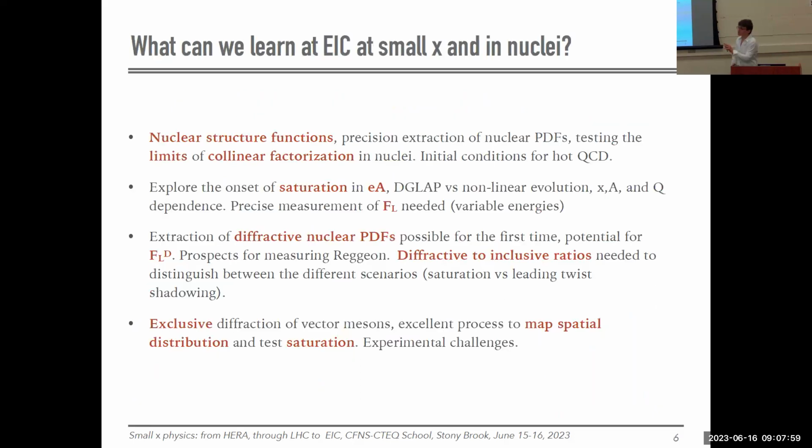Okay, so what we can learn at EIC, I give you here sort of the list, and I will talk about these things. First of all, it can measure nuclear structure functions, and it can test the limits of collinear factorization. And therefore, it can also test the onset of saturation in ep. So test whether DGLAP works or whether DGLAP fails, and whether we would need some nonlinear corrections. It also has the possibility of measuring precisely FL, for proton and nuclei.